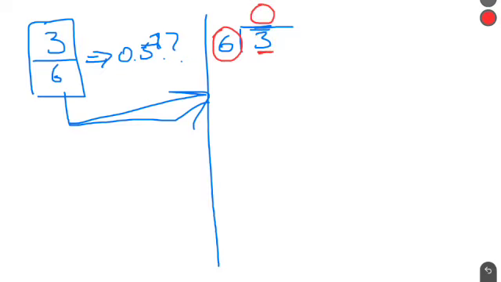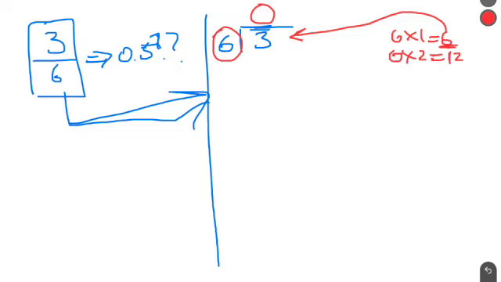So we look at our times table and try to identify that. We say 6 times 1 is 6. 6 times 2 is 12. And if we look already, 6 times 1 is equal to 6. 6 is already higher than our dividend here. So the number has to be less than 1. So in this instance, that number is going to end up being 0.